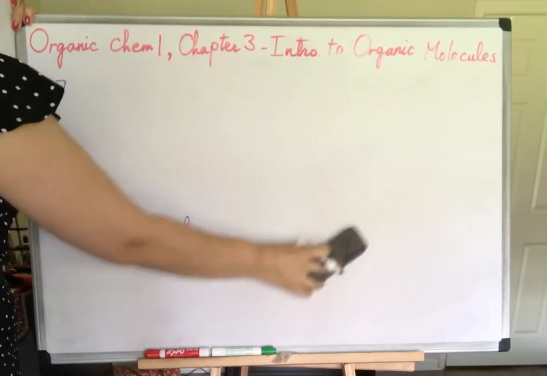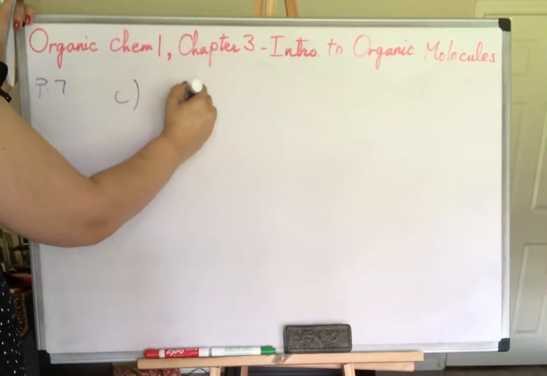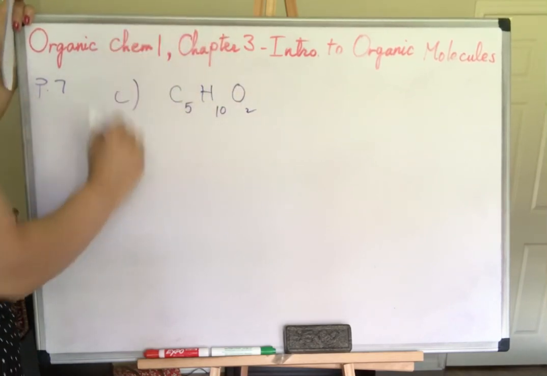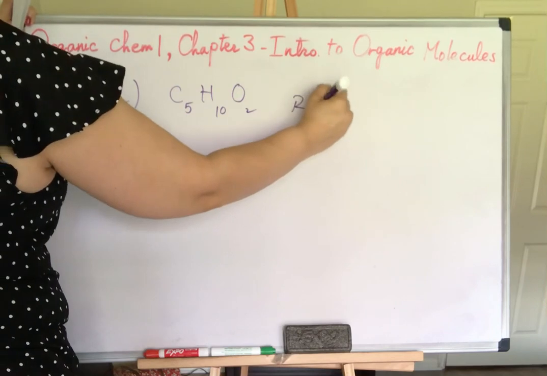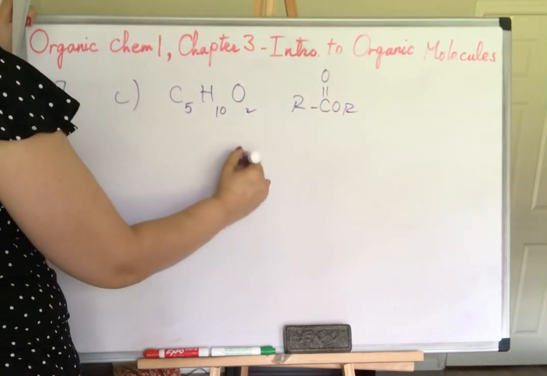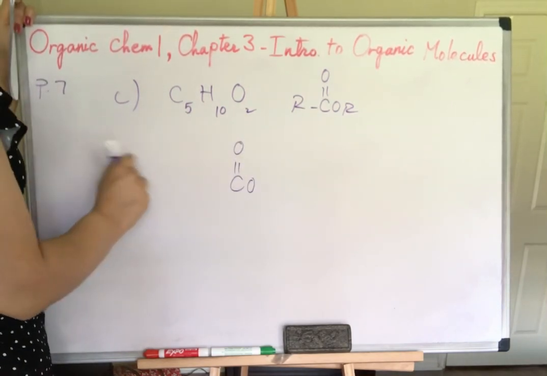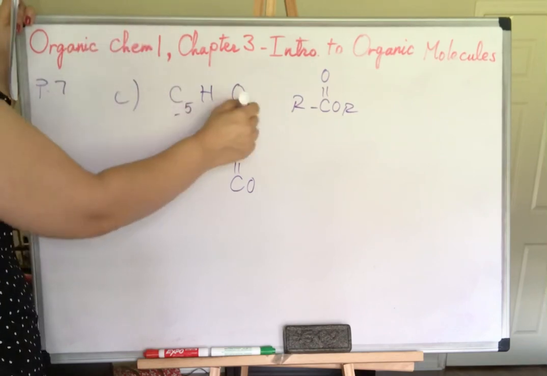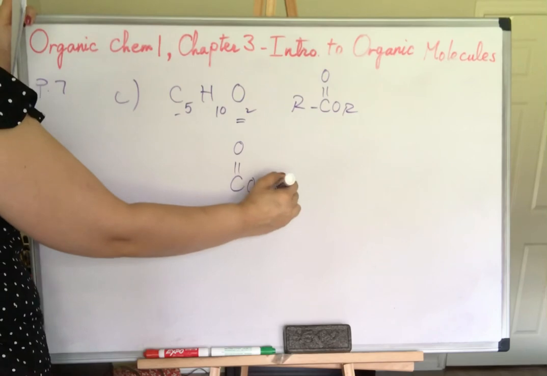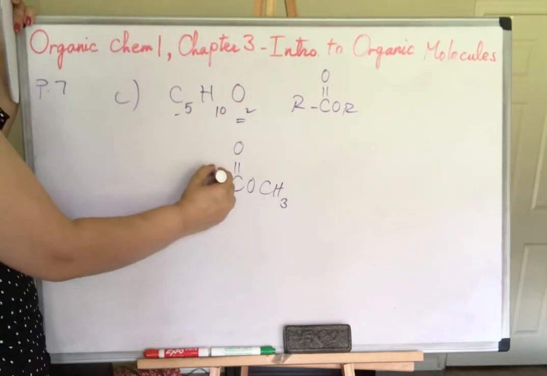So for C, where we're looking for an ester with this formula C5H10O2, the formula for an ester is RCOOR. So put COO. Doesn't matter where you put it on these sides. We have used one of these carbons and both of the oxygens. So just keep it simple here, CH3 only. And how many more carbons do you need? 3 more.